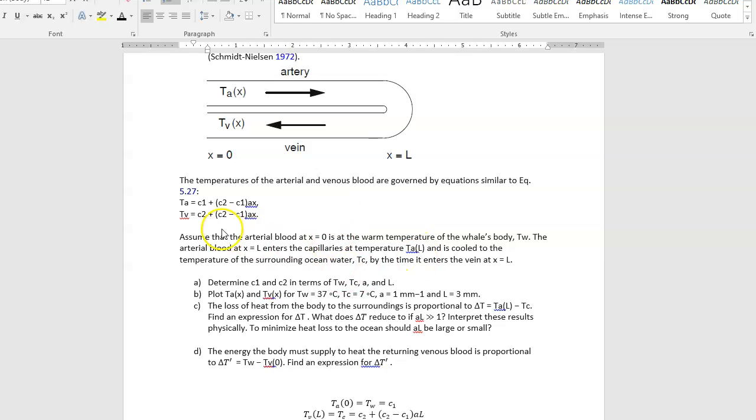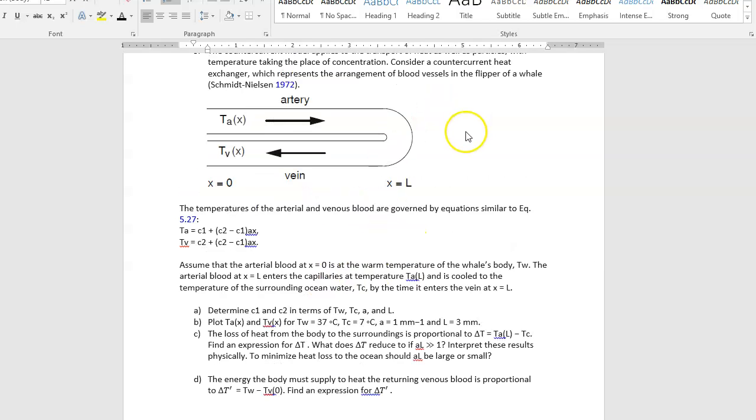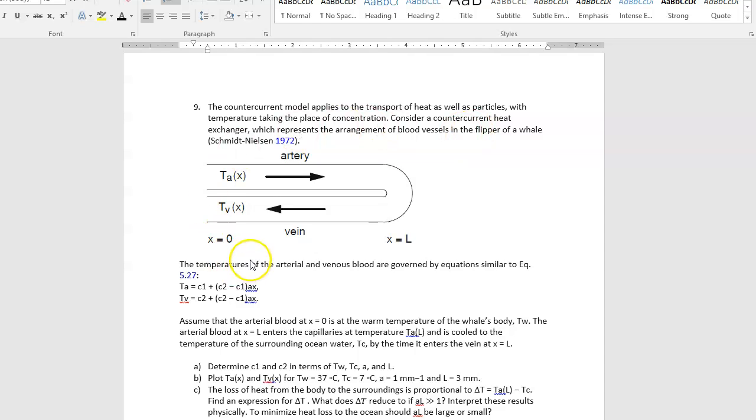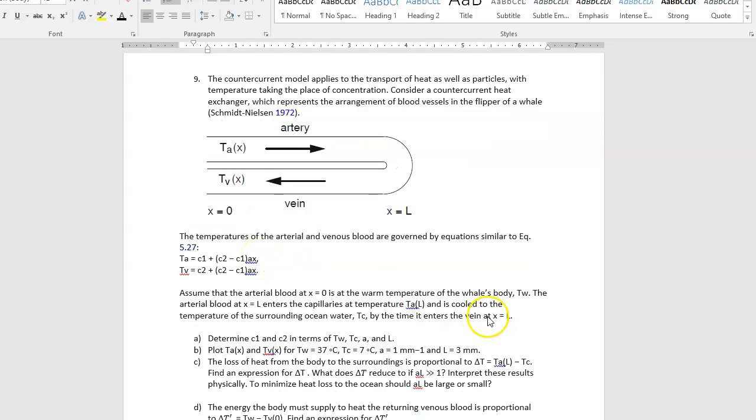And so the first part is to determine C1 and C2 in this model, in terms of TW, which is the temperature of the whale's body.